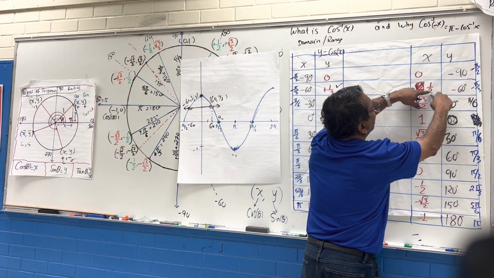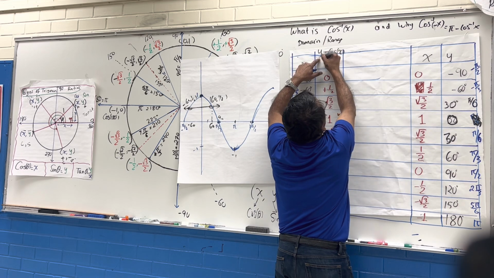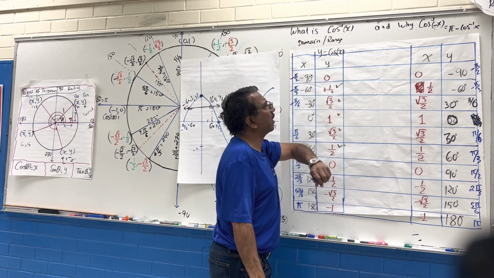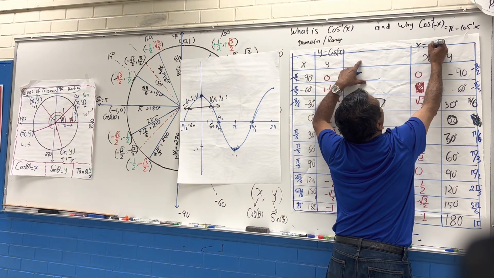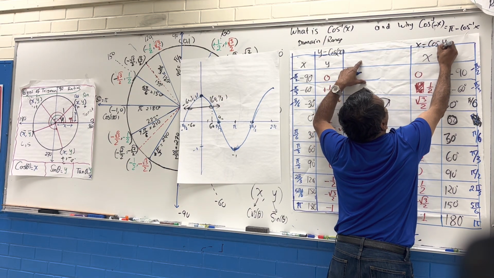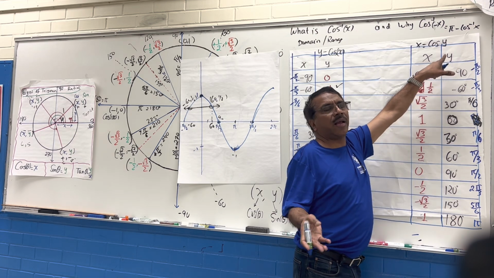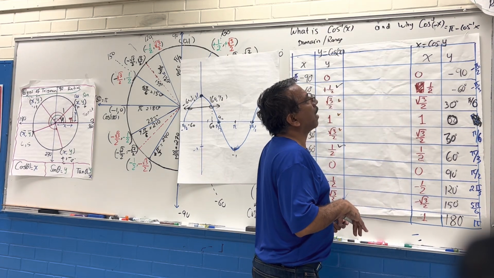So when you try to change this, let's say y equals cosine of x, it becomes x equals cosine of y. But we want to know y in terms of x, and that's why we write the inverse relation.